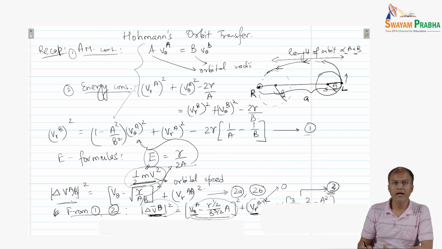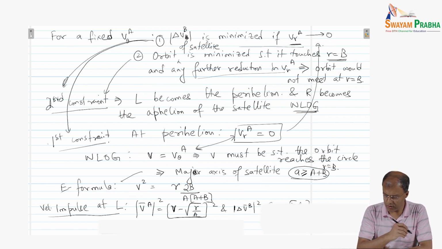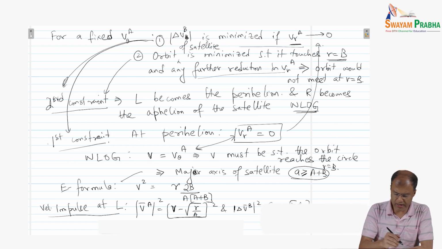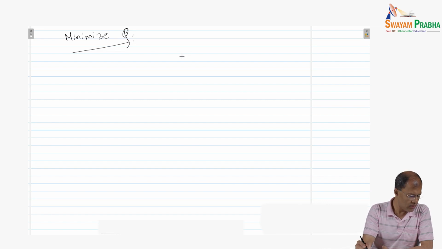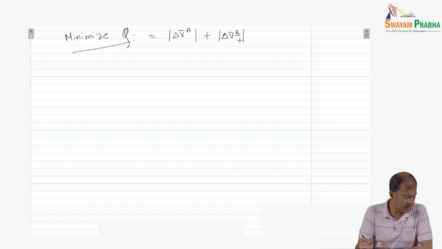Okay, so what is coming back? Our objective is to minimize Q, and Q is delta VA plus delta VB bar, right?